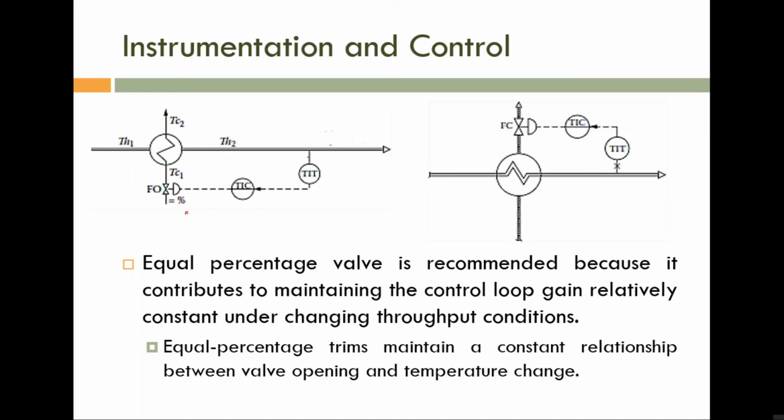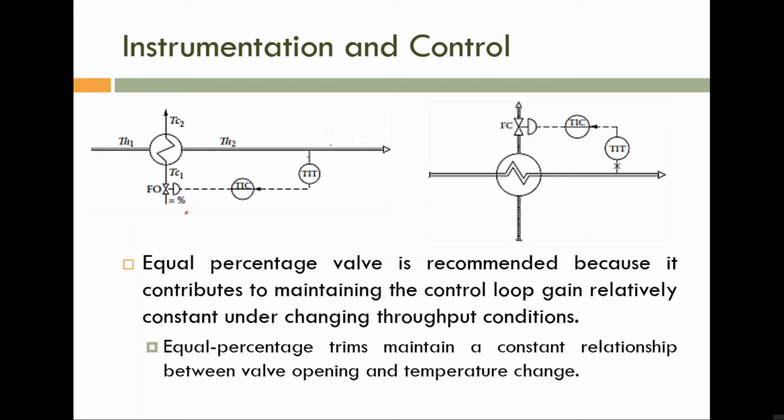In the control of chemical reactors, we discussed the importance of the equal percentage valve. In temperature applications, the biggest problem is that, without the control valve, the loop gain will decrease with the increase of heat transfer medium load, meaning flow rate, meaning the process gain will decrease.